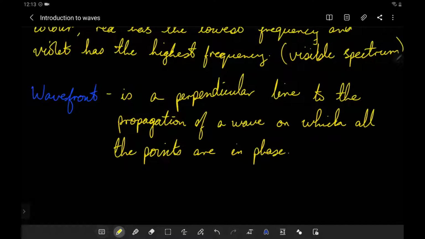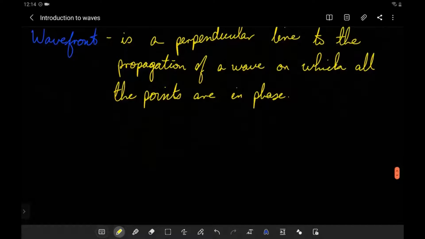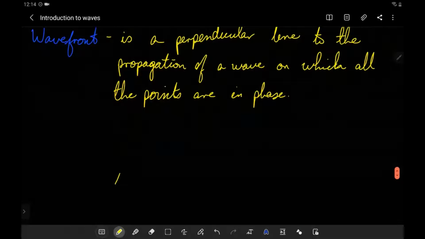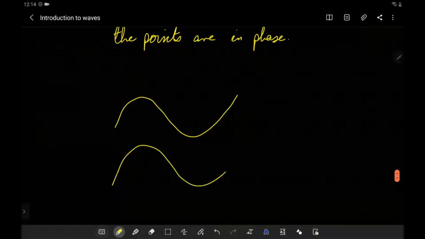Now, what does this mean? Well, firstly, we generally take wavefronts to be the crests of transverse waves and the compressions of longitudinal waves. So if you were to draw these wavefronts, let's say I have a wave like this, and I have a wave like this.